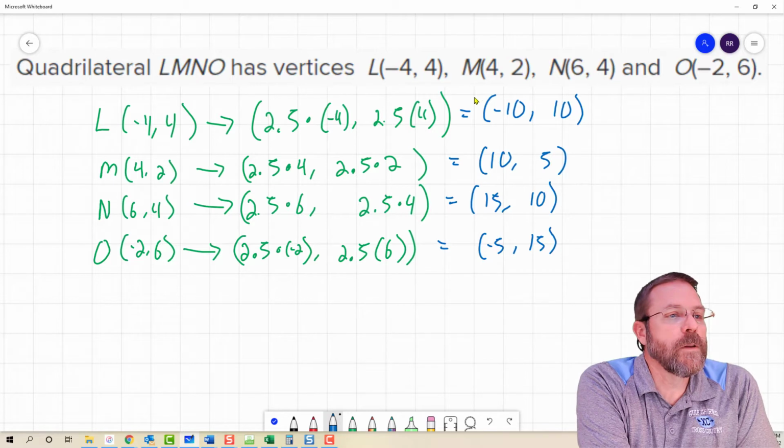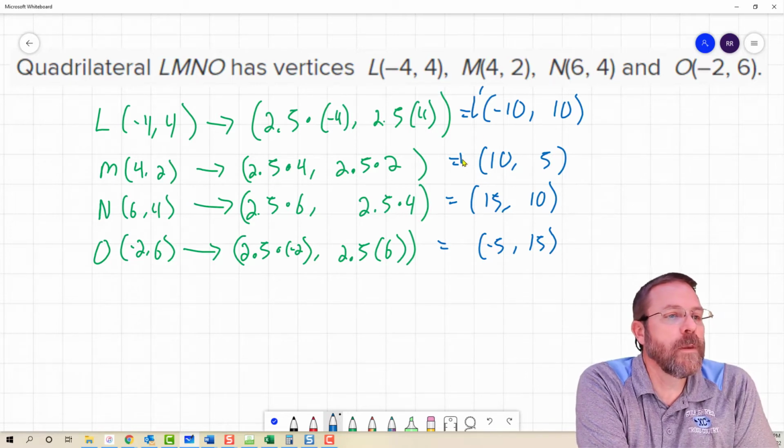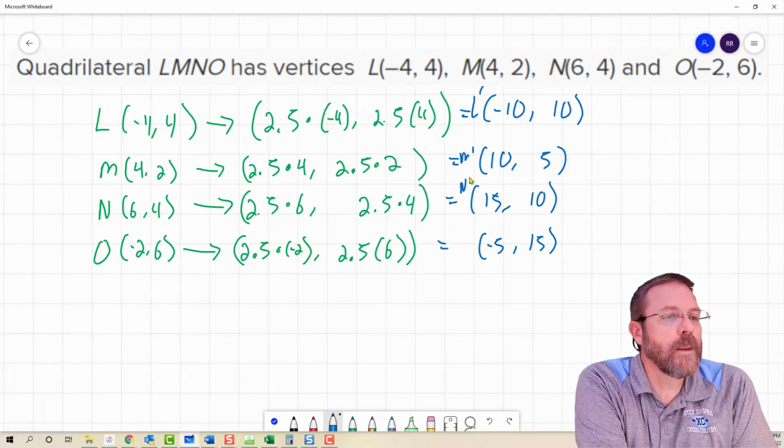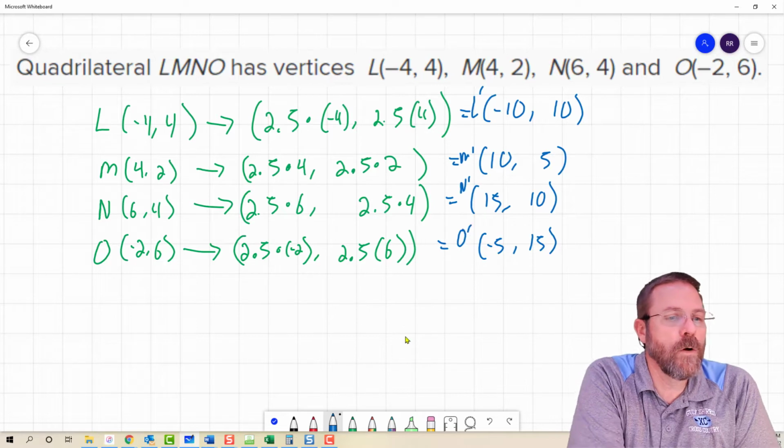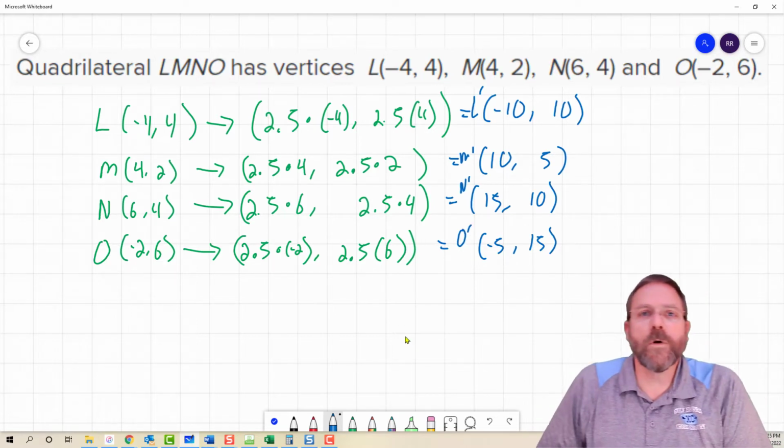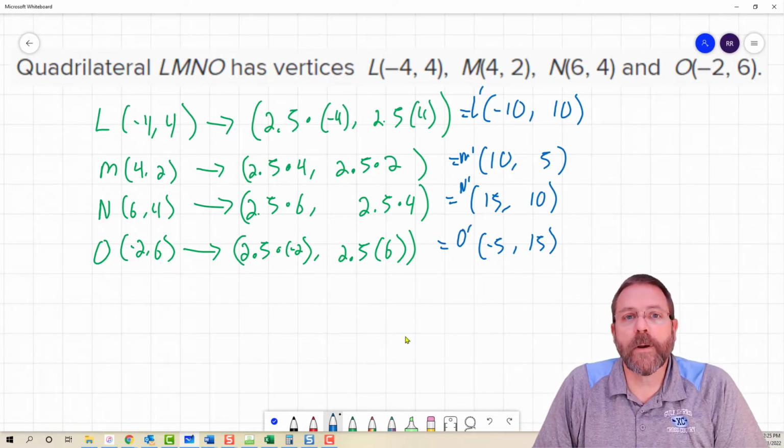Now I do also need to list these as being L prime, M prime, N prime, and O prime. And that's going to be the coordinates that I'm going to graph on my coordinate plane.